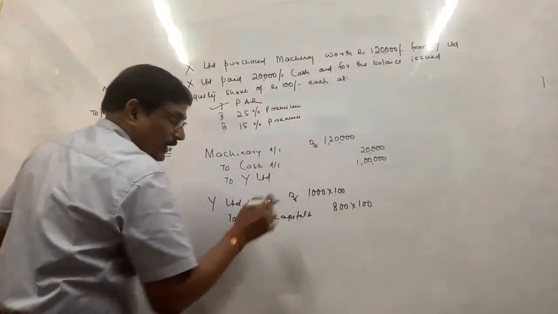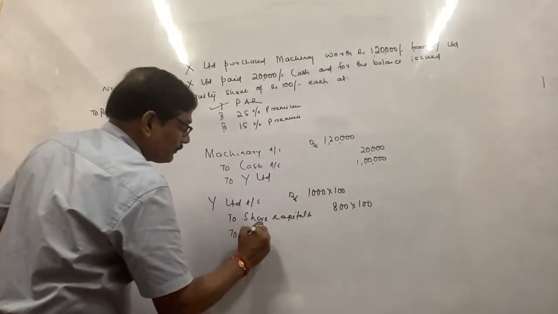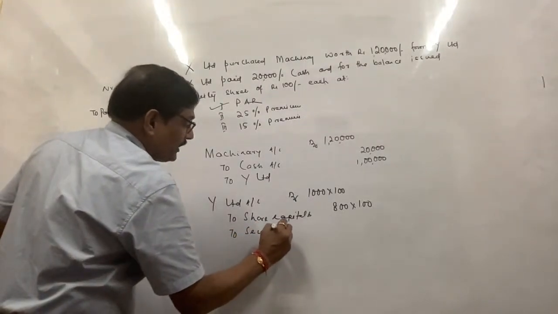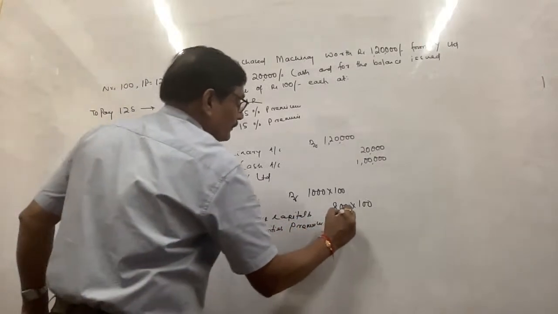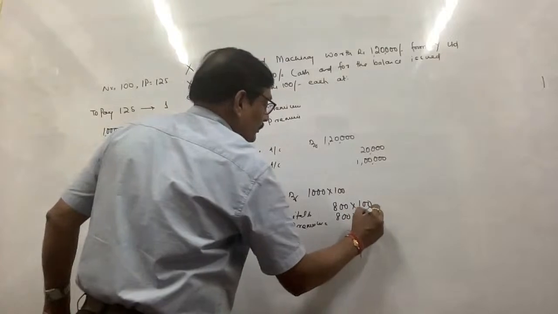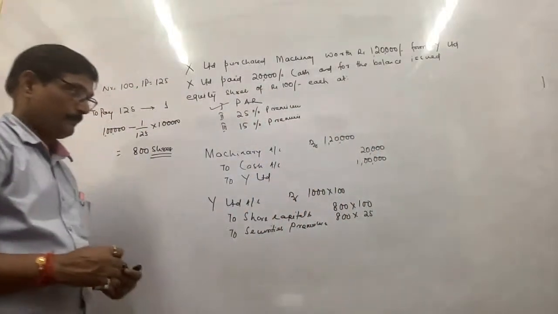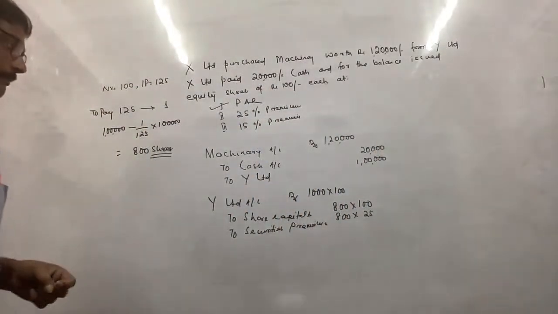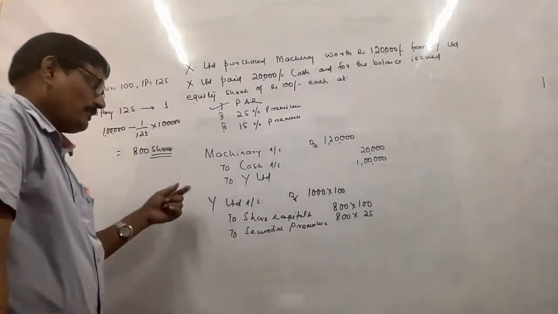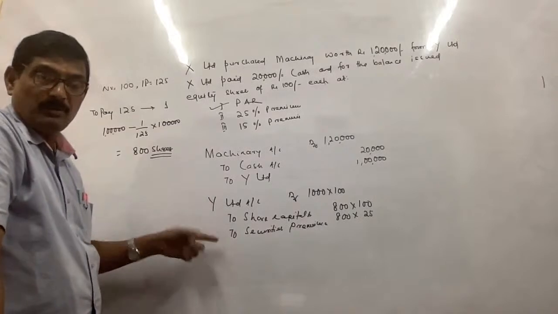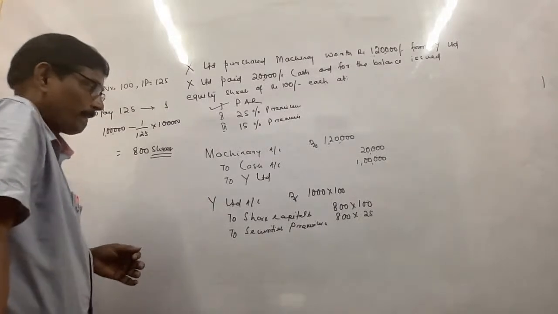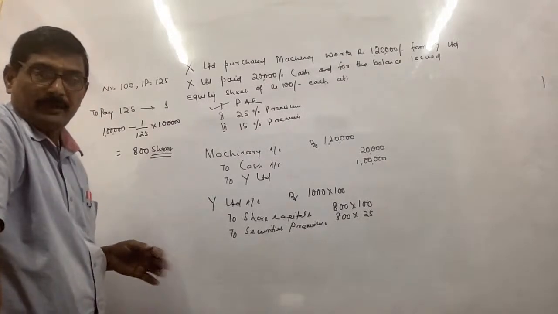Don't write in this way, write the full amount, to securities premium account, 800 into 25. Y Limited account debited to share capital account, to securities premium account. Clear?